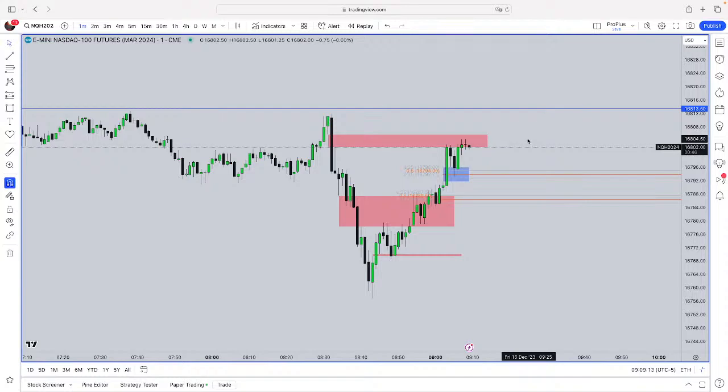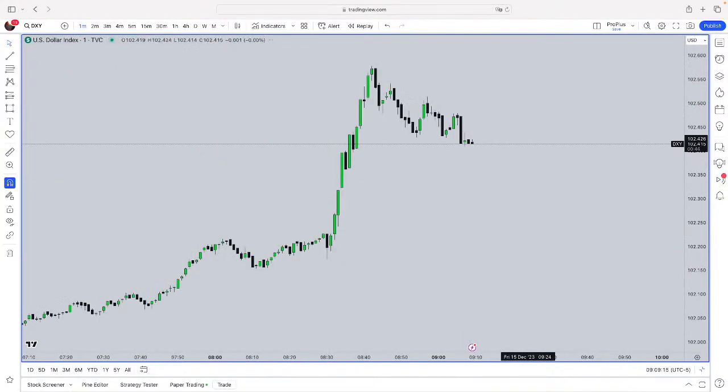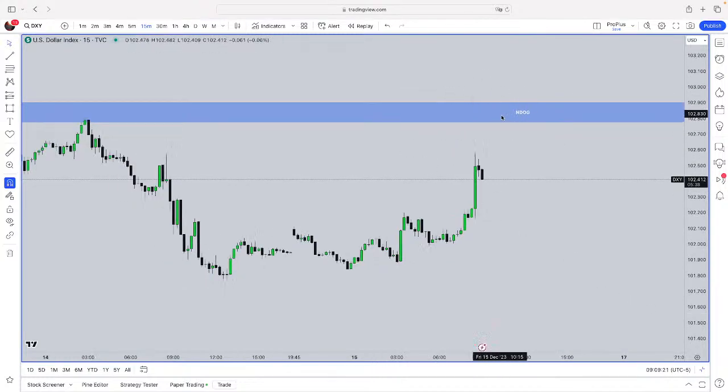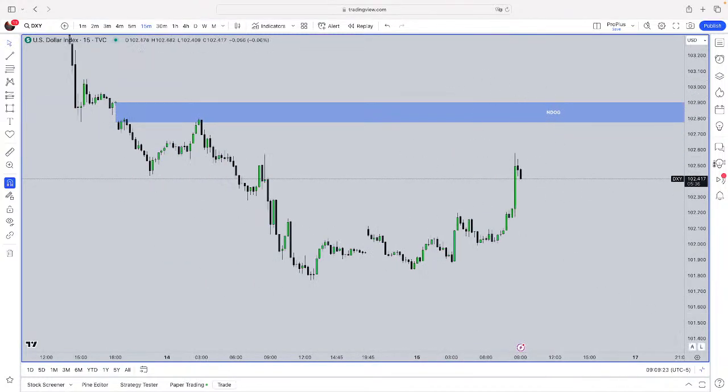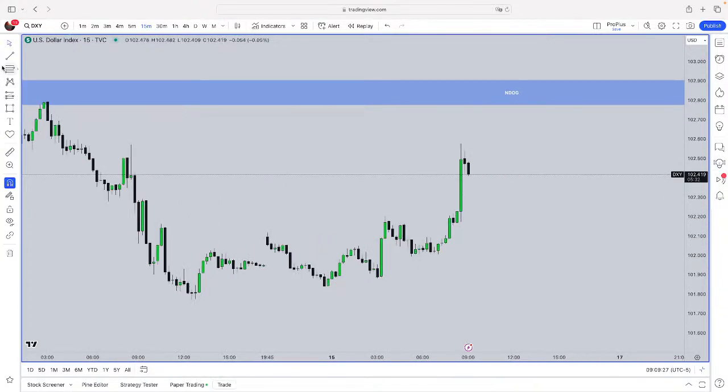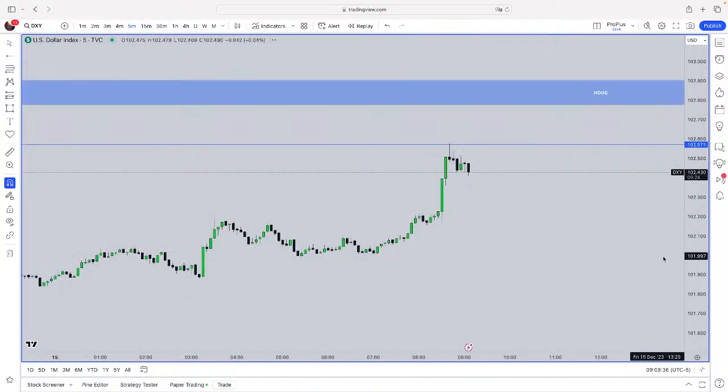Just take a look at DXY quickly. So with the dollar again, if it wants to run up to the daily opening gap, then that's not good for NAS to run higher. But it has run just this little buy side, this high, so potentially it wants to pull back lower.